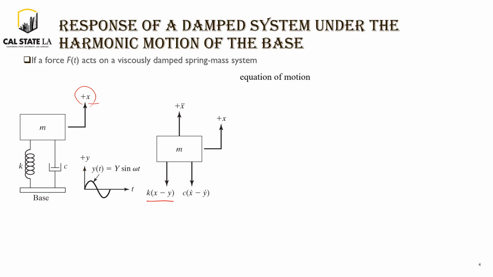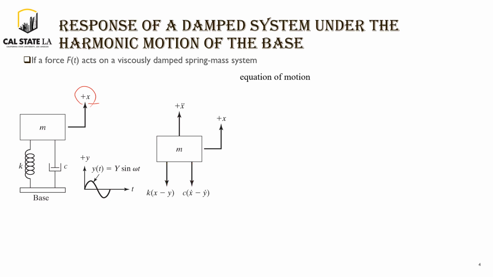If x is greater than y, say x moves faster than y, the spring will be stretched. In that case, the force will be pointing downward. And the same thing if x moves faster than y, the damping force will be pointing downward.